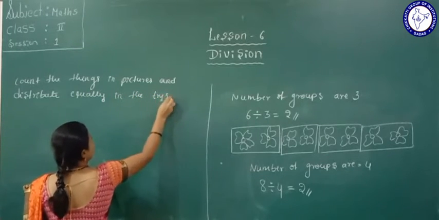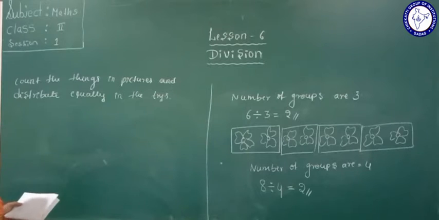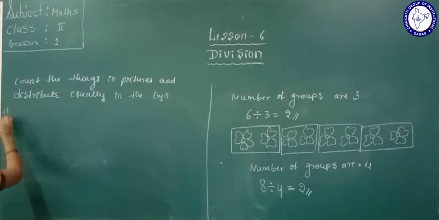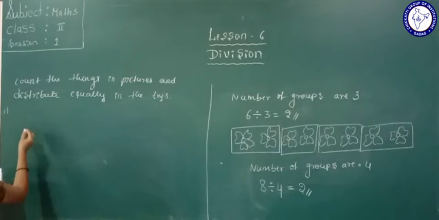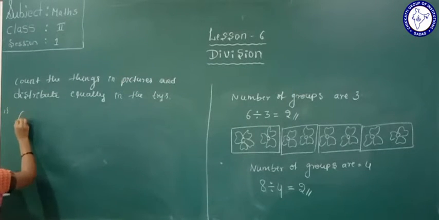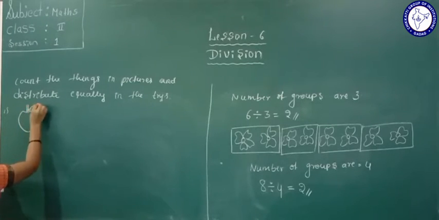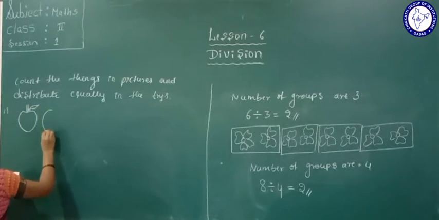Okay, they have given trays here. What will we do? In the first one they have given apples here. How many apples are there? Totally 6 apples are there. Okay, so we'll write apples. This is one apple. Okay, another apple.